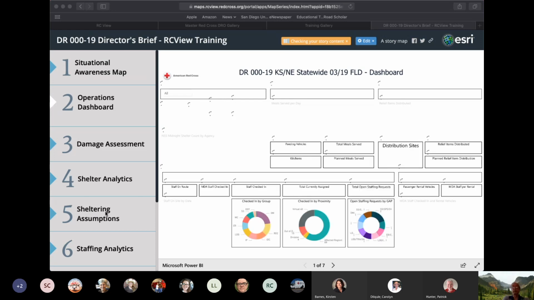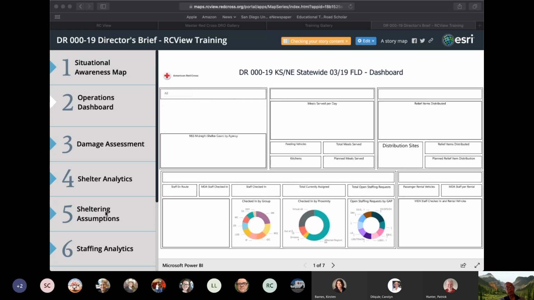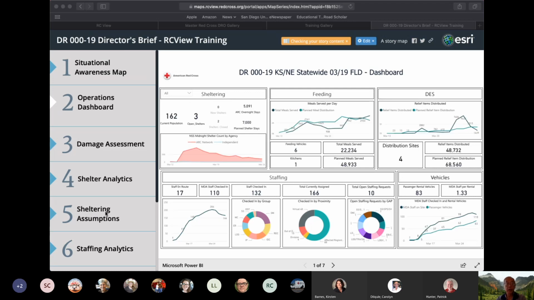Now, as this builds, this is the integration of Power BI analytics into RCView. So you have the spatial analysis, which was what scenario 1 kind of exhibited. This scenario is more based on the analytics that are found in this dashboard.